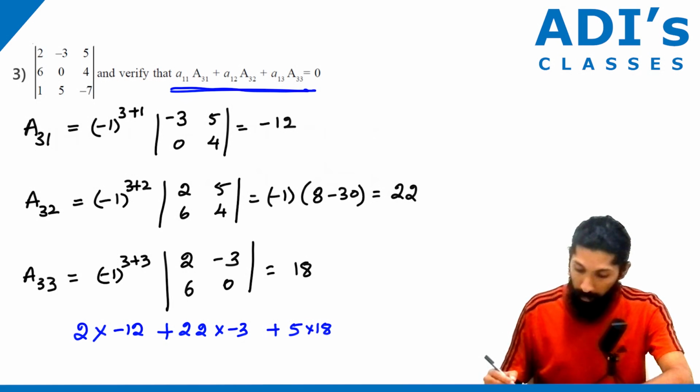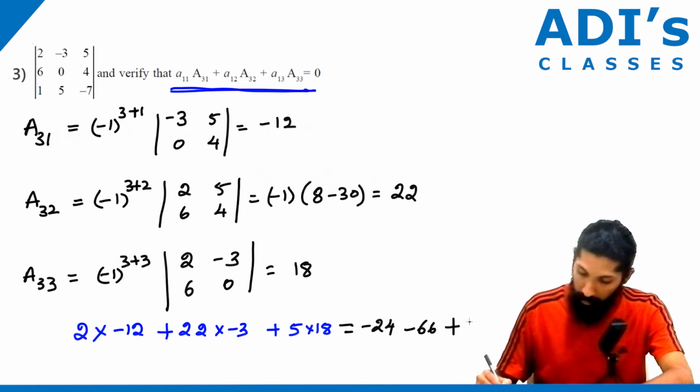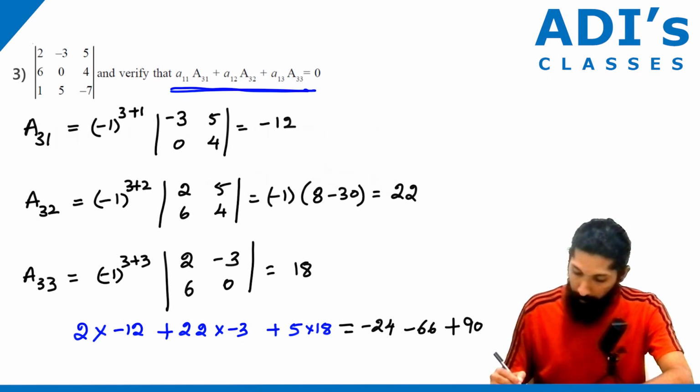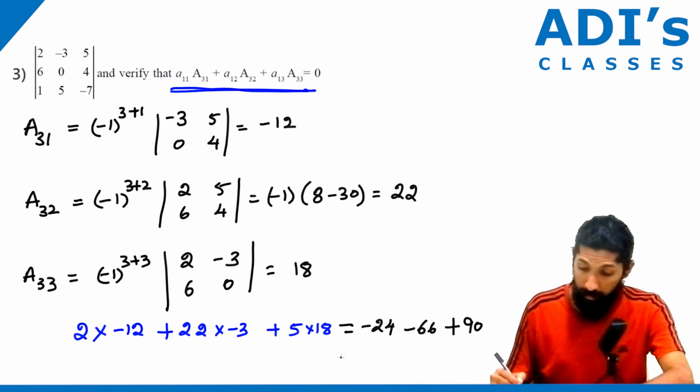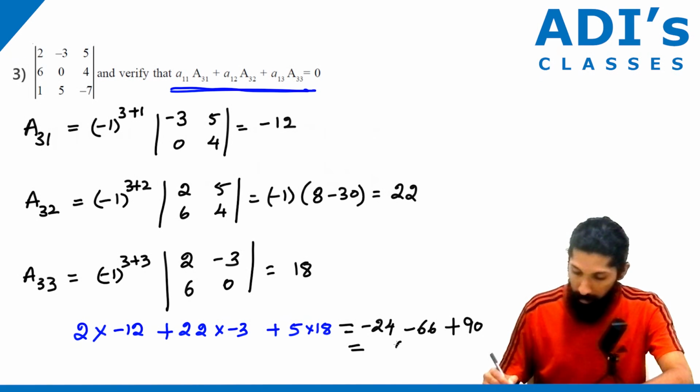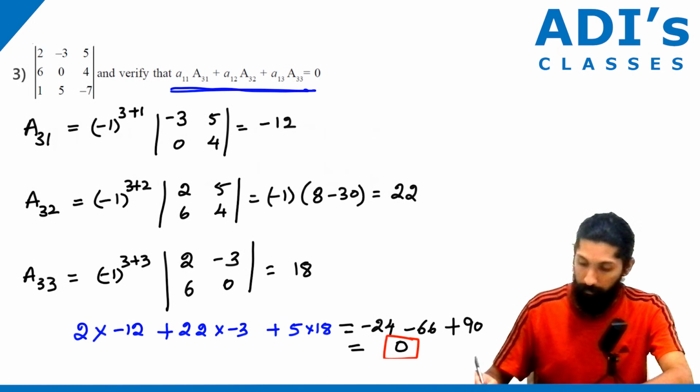This is what we have to calculate. Then you have minus 24 for the first one, minus 66 for the next one. Next, this is going to become plus 90. Now, 24 and 66, when you add, you will get minus 90. Minus 90 plus 90, the final answer becomes 0. So this becomes the final answer.